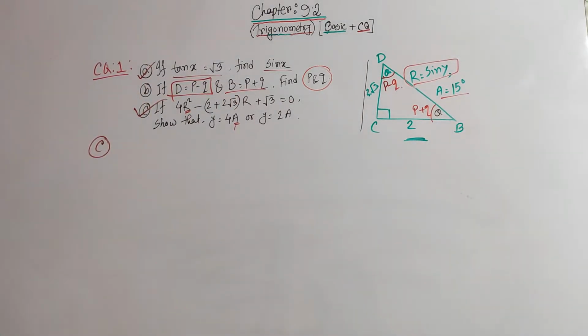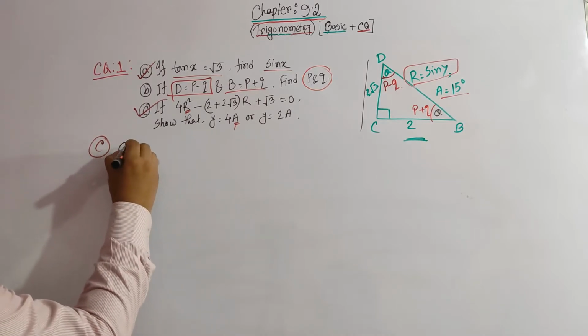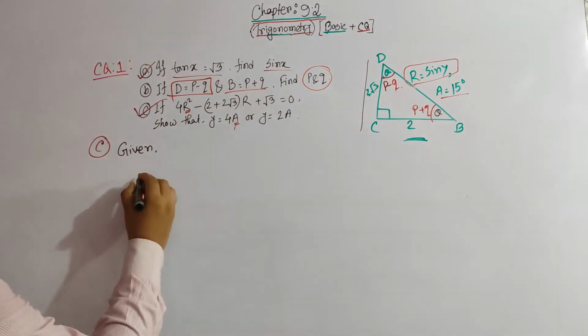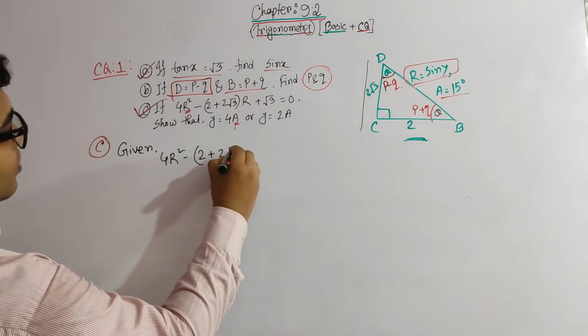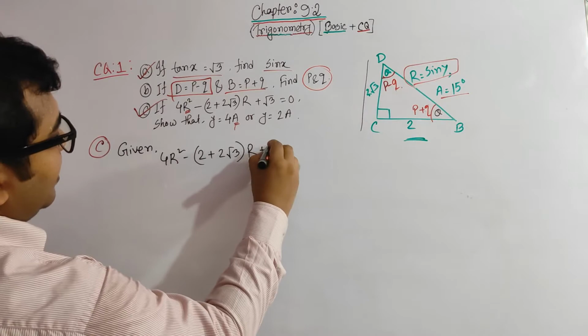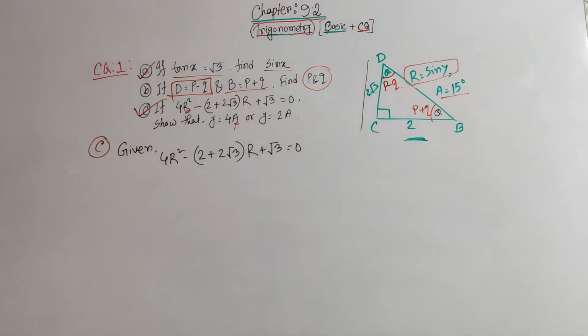However, we are going for this part first. Here it is given that 4r square minus (2 plus 2 root 3) into r plus root 3 is equal to 0.